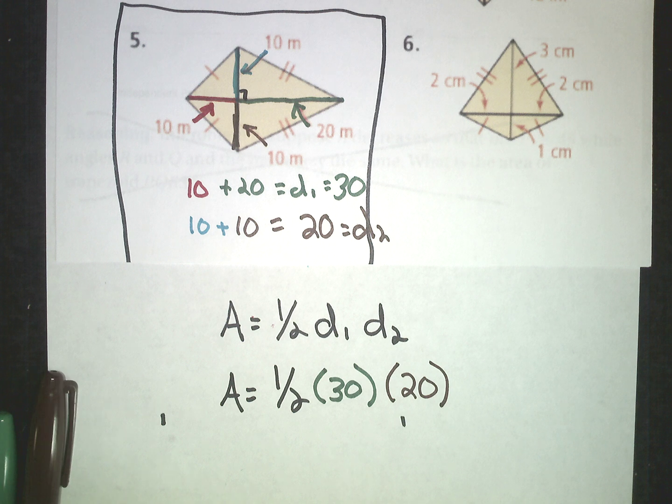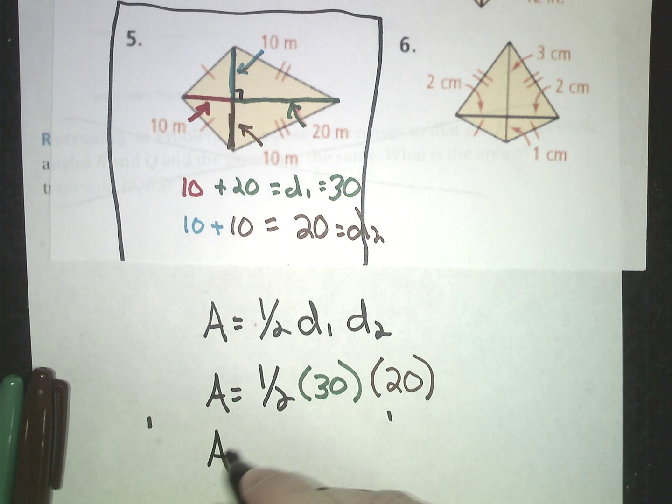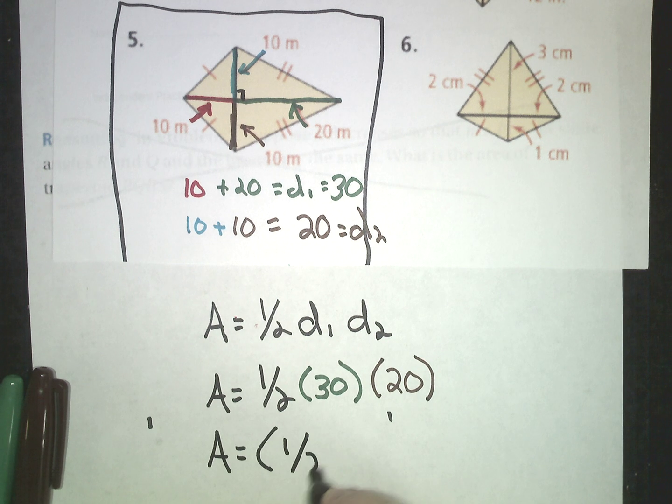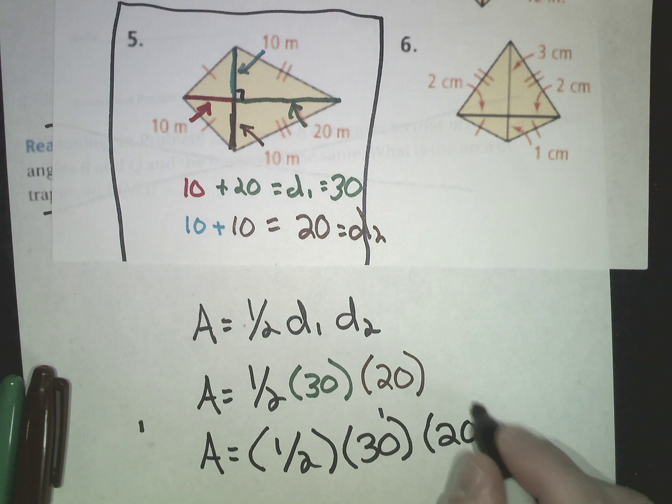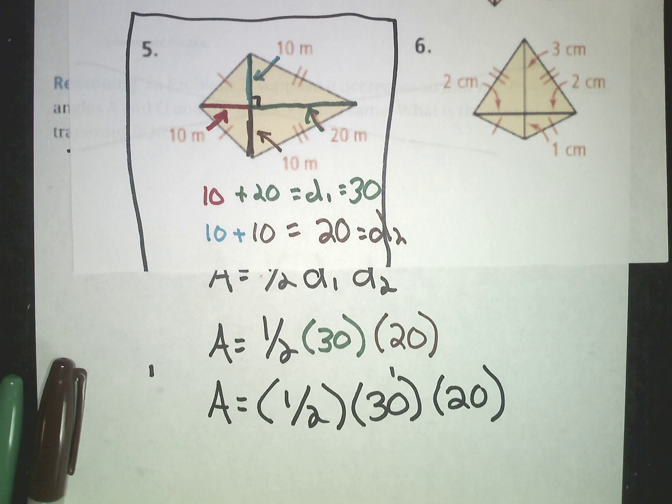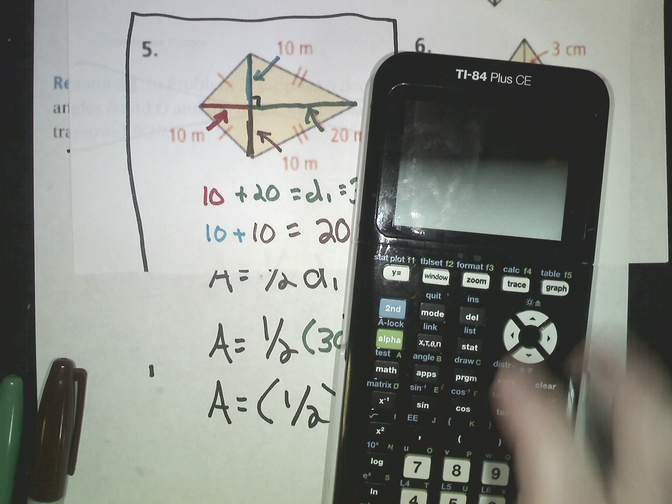Now, this is all multiplication. So in my calculator, if you want to do it in one step, you can write it like this. Which I'm completely fine with, and I'm going to go do it that way myself. You can also find what 30 times 20 is. You know what 30 times 20 is? 600. So half of 600 is 300. You can do it that way, but I'm just going to do it in the calculator just to be safe.